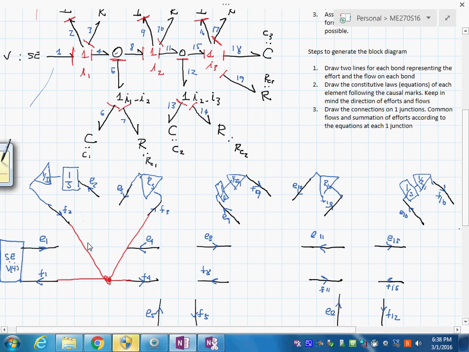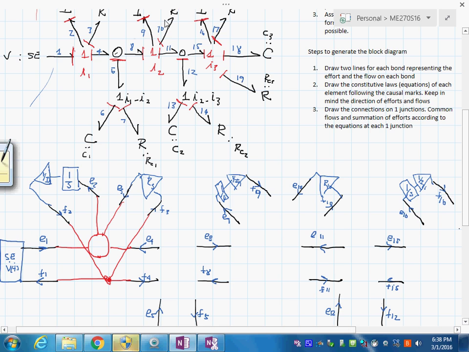Let's do the other one because we're trying to do it in order. Common flow, you put it over here. You see, common flow. All this are here like this, and so is this. But you see right here, you can see the hole, so that the efforts will add this one and you will add this one.